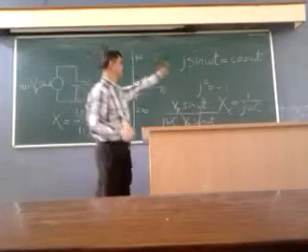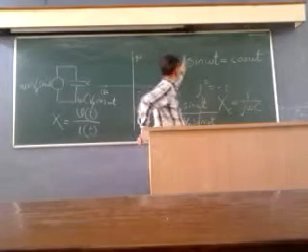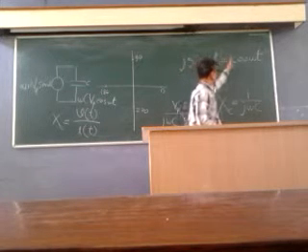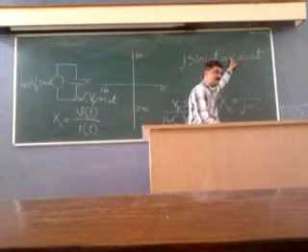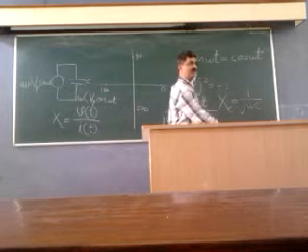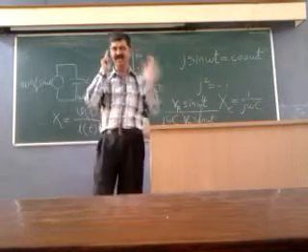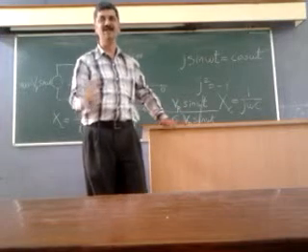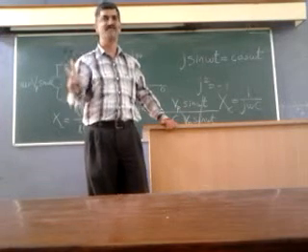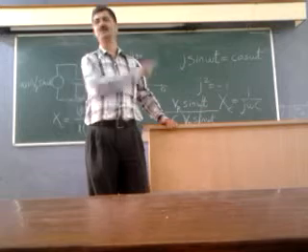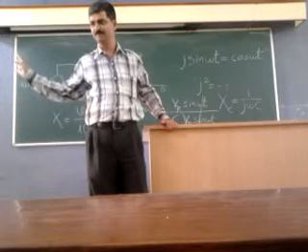So if you multiply both sides by j, what will happen? J square is -1 and j will come here. So j cos omega t is equal to minus sin omega t. Only two rules and nothing beyond. J sin omega t equal to cos omega t and j square is equal to -1.